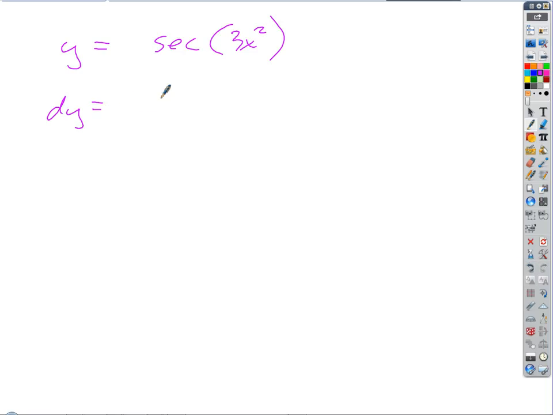Is it cosecant that goes to negative cosecant cotangent? Cotangent goes to negative cosecant squared. Okay. Times what? 6x. Yes. And then I got to tack on a dx, right?